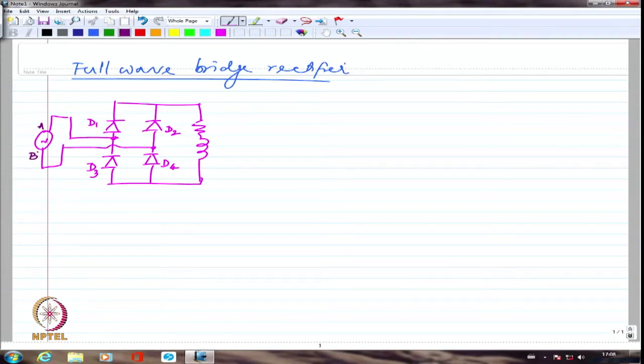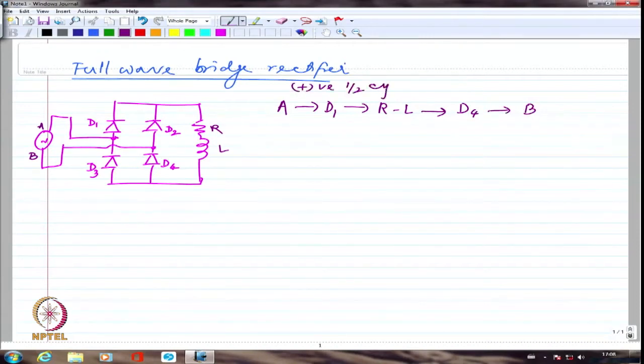During positive half cycle, A will be positive, and during negative half cycle, B will be positive, right? And we said that the path will be from A to D1 to RL, and then it will go through D4 and back to B. So this is during positive half cycle, and during negative half cycle we'll start from B because this will be positive now.